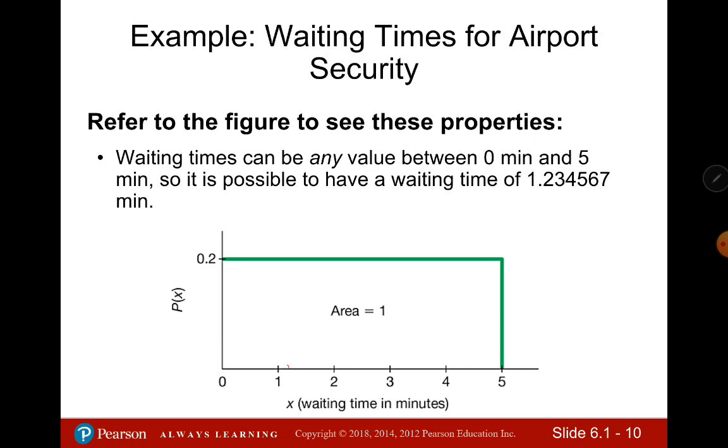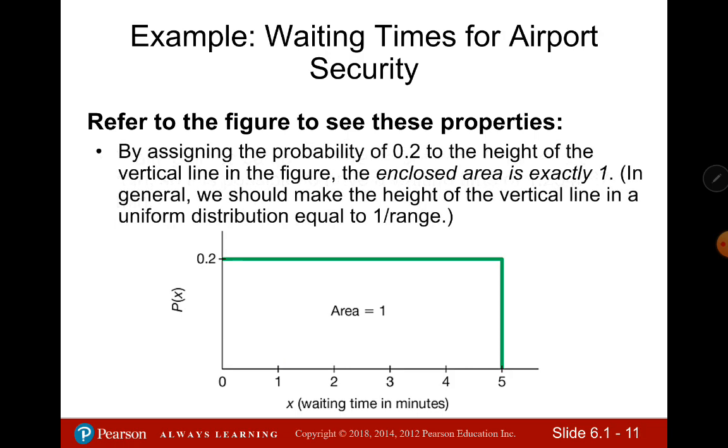Any value is possible between 0 and 5. So this step shows you how we get to 0.2. You can easily just use 1 over the range as our probability here. So 1 over 5.